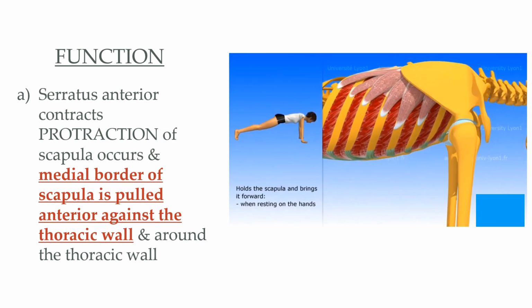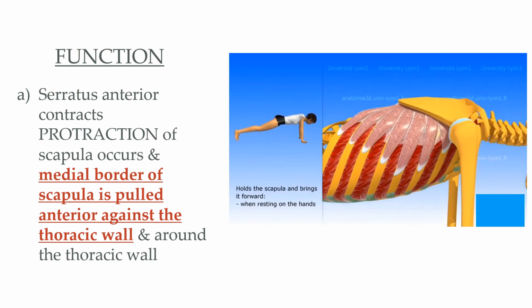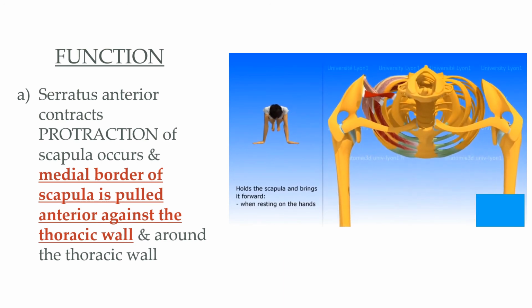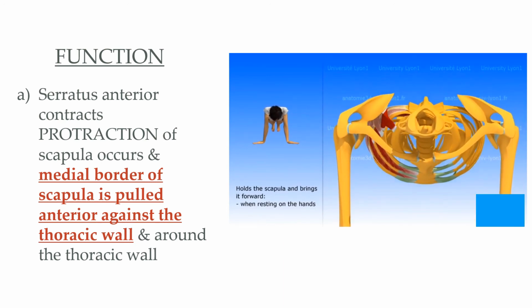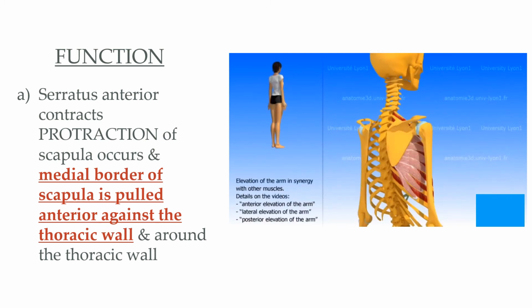As you can see on the left side of the video clip, the person is pushing the floor right now. That is, while performing push-up movements, protraction of scapula occurs. Also, the medial border is pushed anteriorly in order to keep the scapula opposed to the thoracic wall.